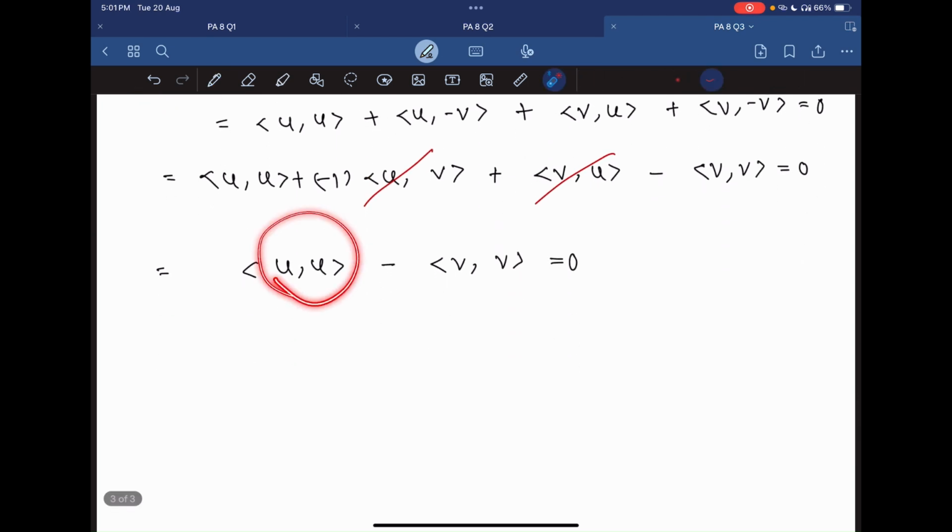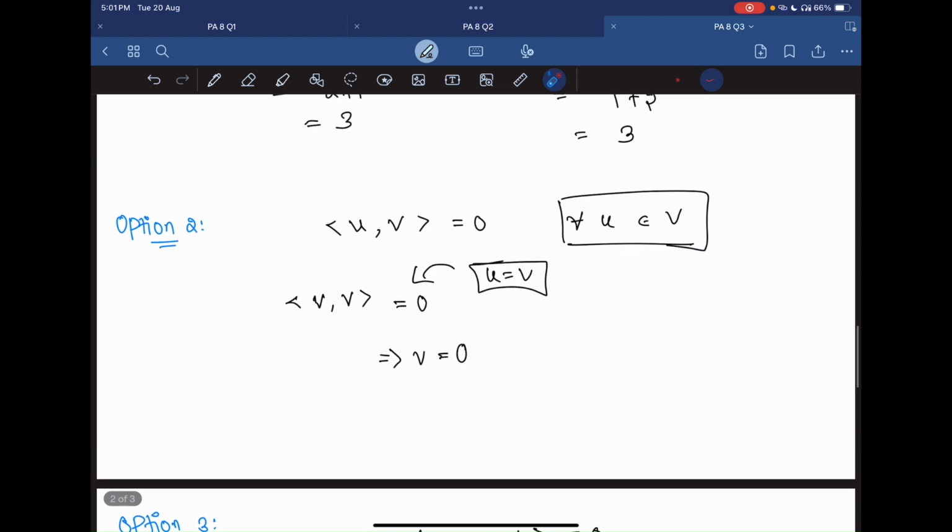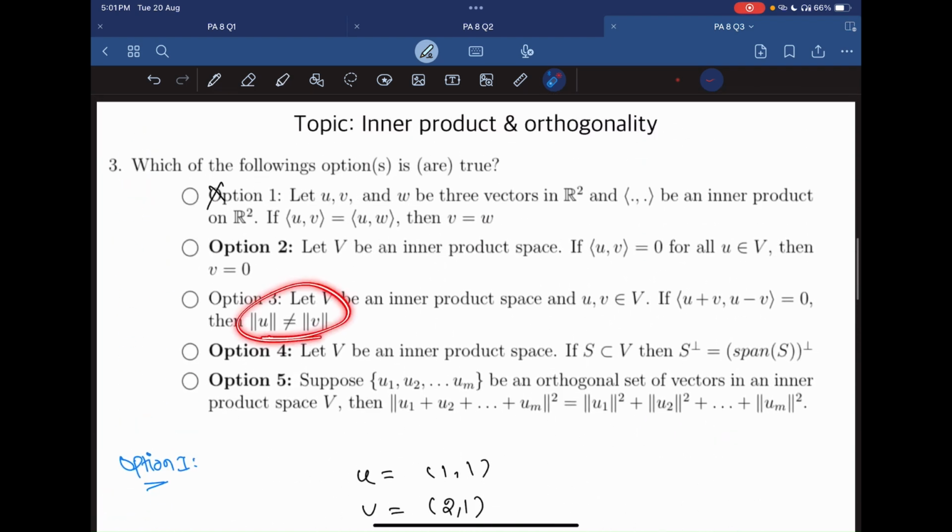Now the inner product of a vector with itself is nothing but the norm squared, so norm of U squared minus norm of V squared equal to 0, and from that we get that norm of U is equal to norm of V. So this is the result that we get, while the option says that norm of U is not equal to norm of V. So it is wrong.